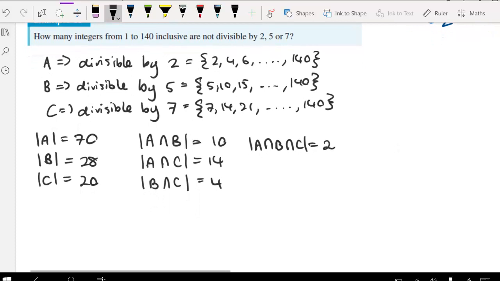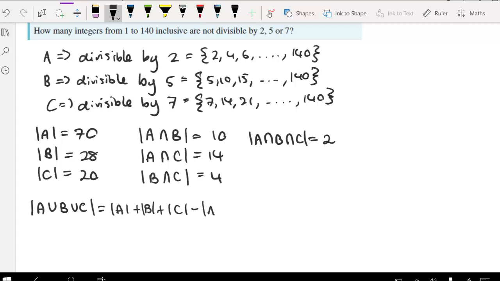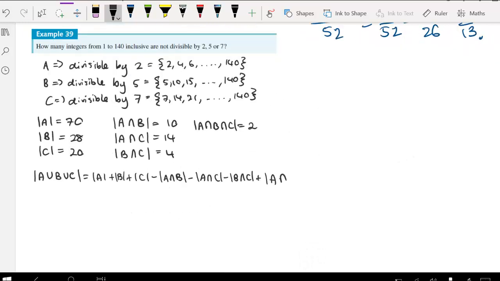So how many are not divisible by these? First of all, we'll work out what the cardinality of A or B or C, the union, will be. And that will be A plus B plus C, subtract A and B, subtract A and C, subtract B and C, and then add back in A and B and C. So we have 70 plus 28 plus 20, subtract 10, subtract 14, subtract 4, and then add 2.